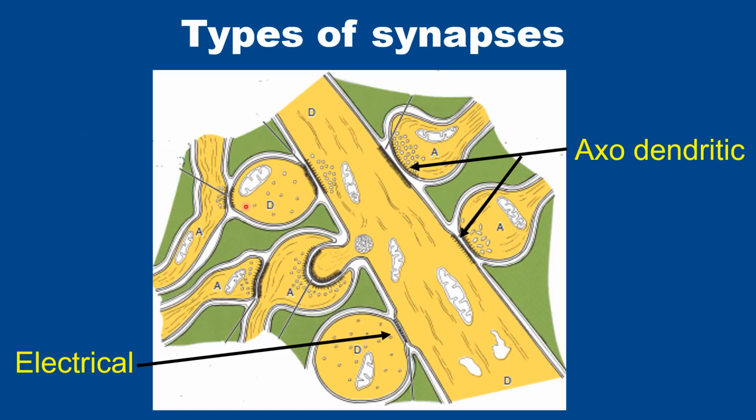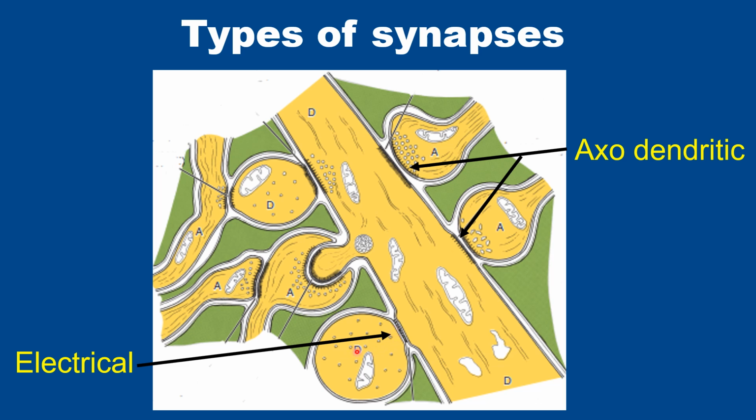Two or more neurons and their processes come in contact to form the synapses. Synapses are of two types: chemical synapse and the electrical synapse. The electrical synapses are gap junctions between the neurons or their processes.